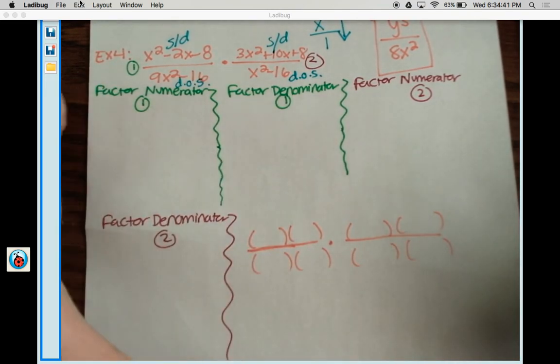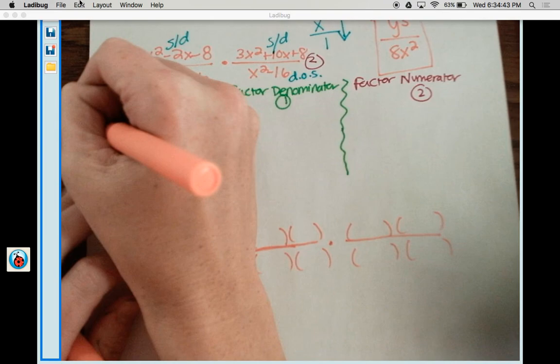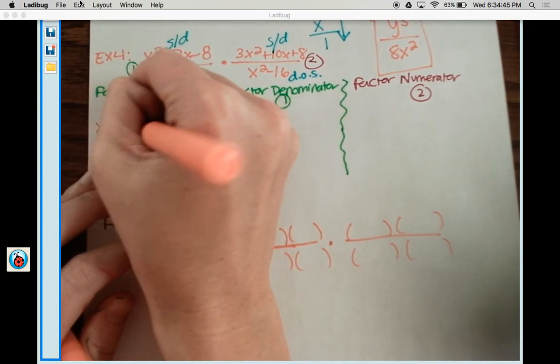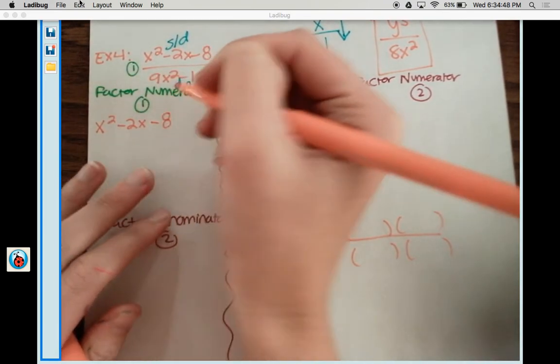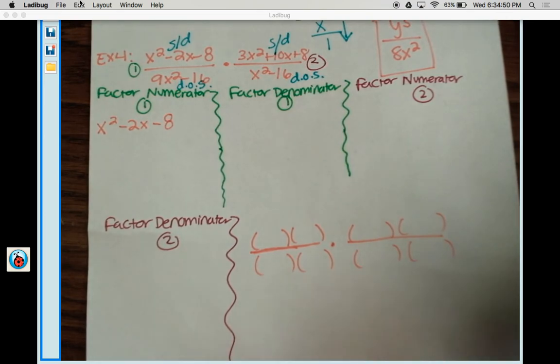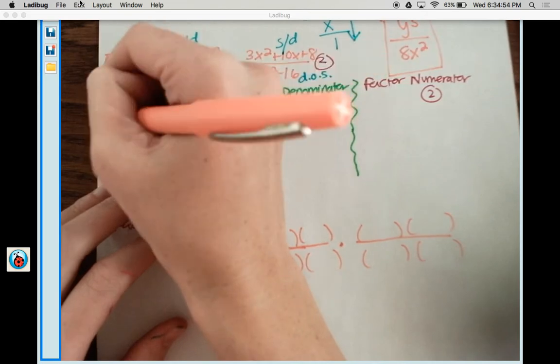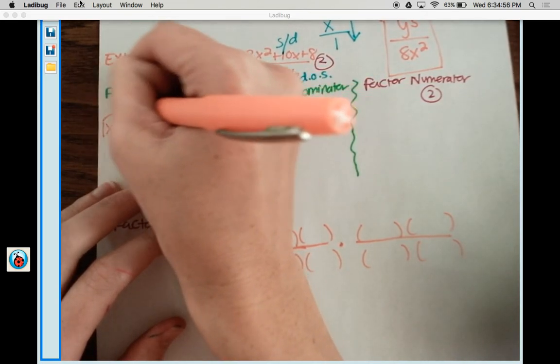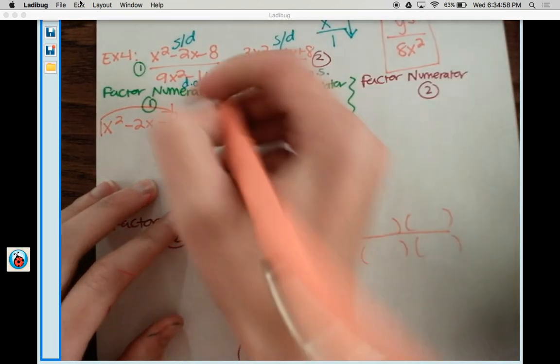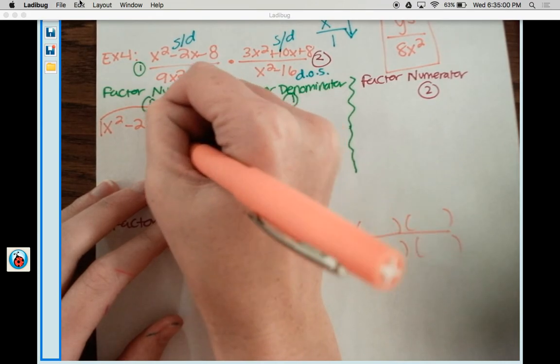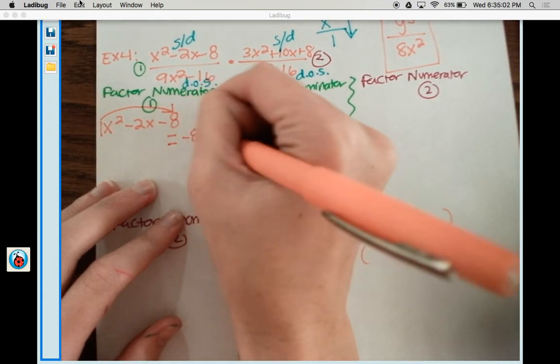Starting with our very first one, we have x squared minus 2x minus 8. We're going to slide our a to our c, which a is secretly a 1. So I'm going to slide 1 to negative 8, which will give me negative 8. So that's our AC.